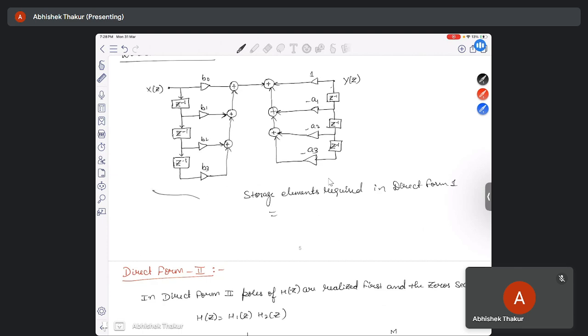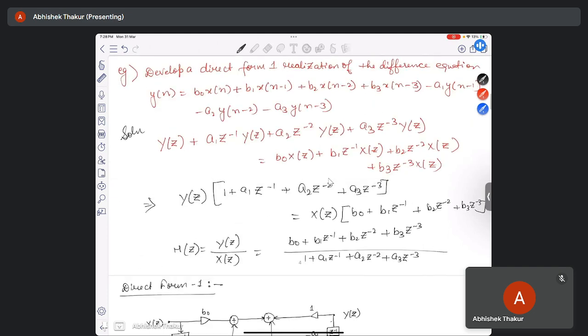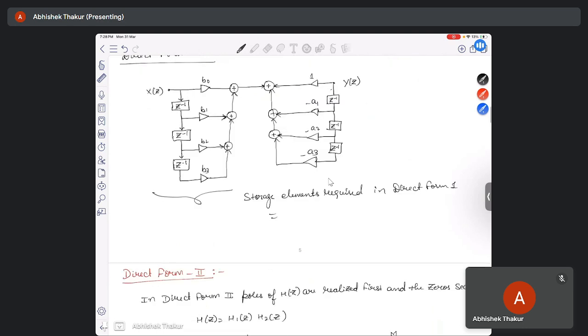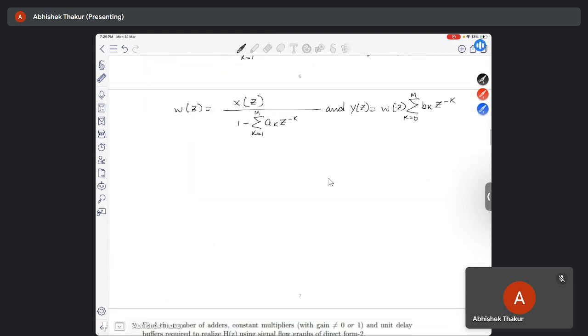Let's suppose b_k is going from k equals 0 to M, and the second one is going to N. There will be M units here and N units here, so there will be M plus N units. So these many storage elements are required here. But from the same transfer function, we'll do the representation of direct form 2.